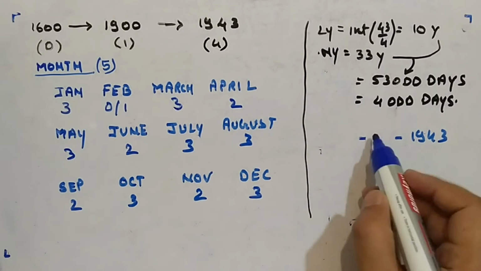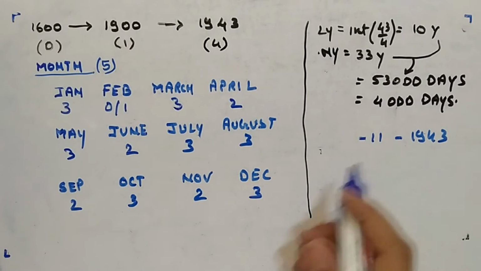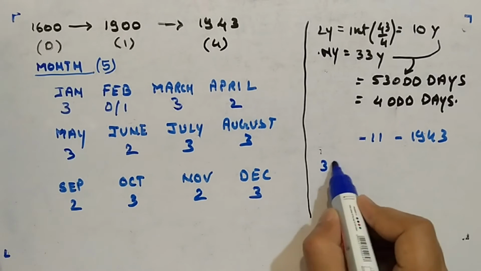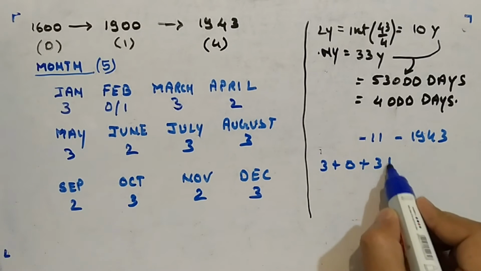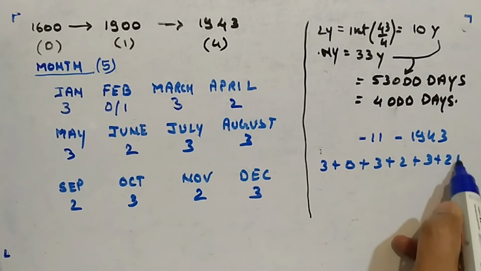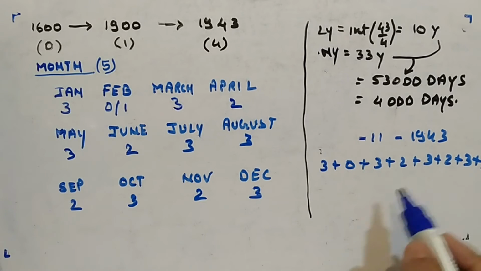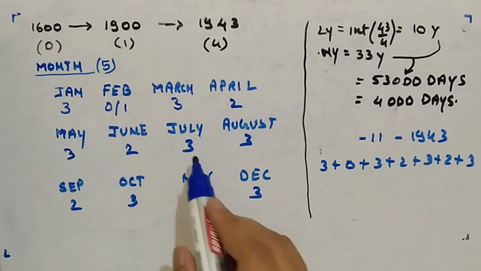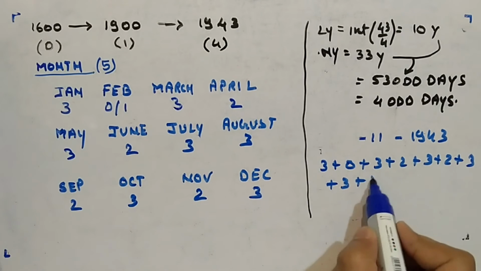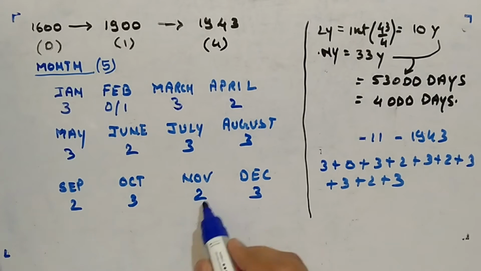Okay, now let me take something like November. Then what will be the case? You add 3 plus 0 because it is not a leap year, plus 3 plus 2 plus 3 plus 2 plus 3, and I won't consider this one because November is not complete.